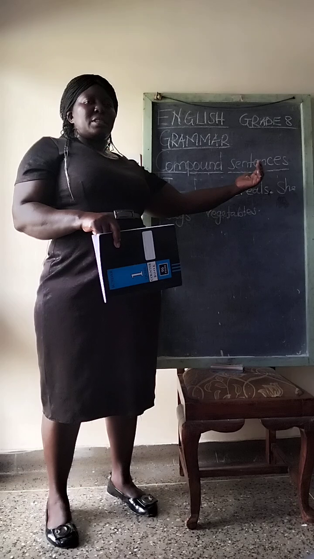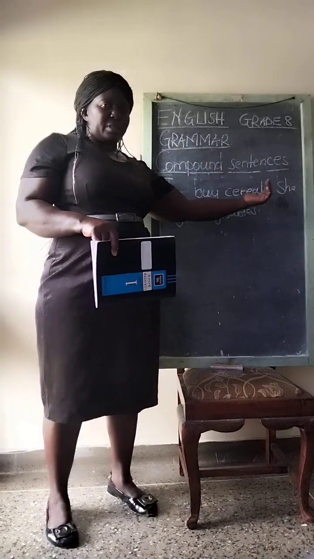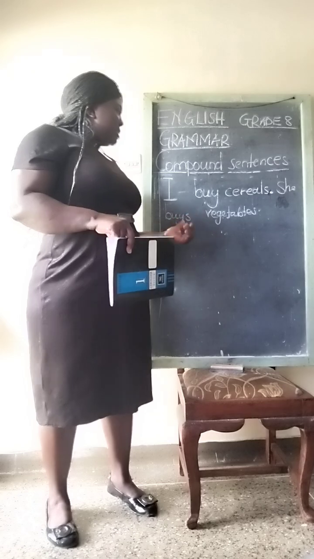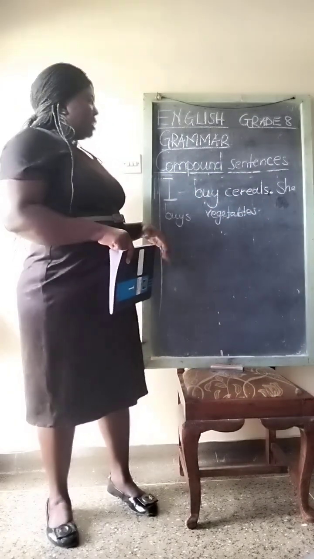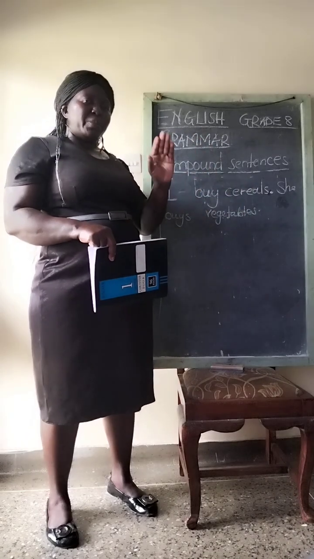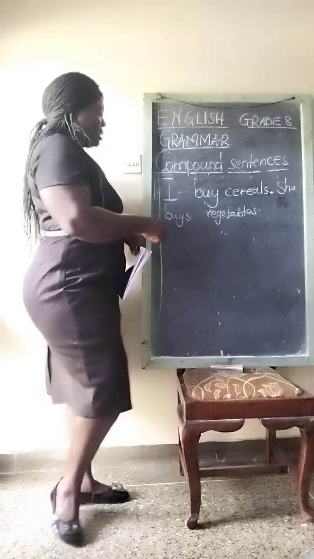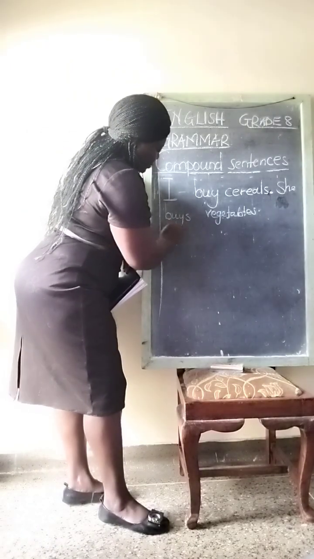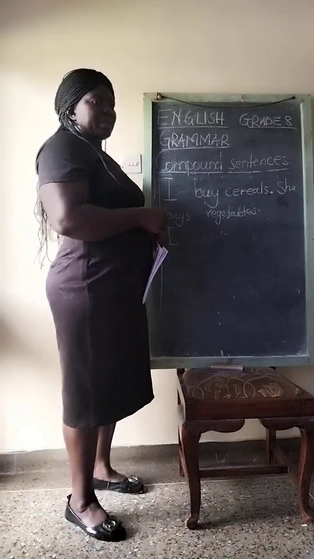This one is the first sentence and it is a simple sentence. The other sentence, she buys vegetables, is also another simple sentence. Now you want to join these two simple sentences together using an appropriate coordinating conjunction, the one that we have listed earlier. I hope you are also joining on your side.